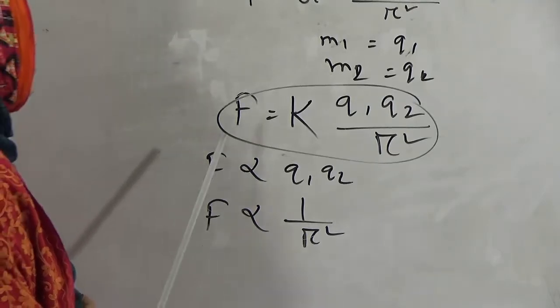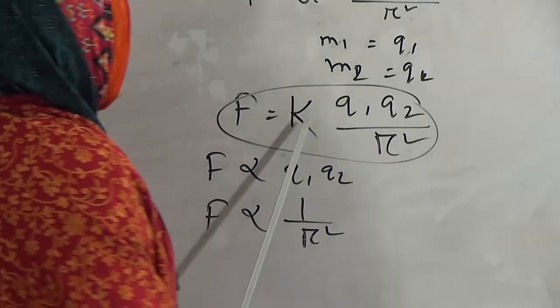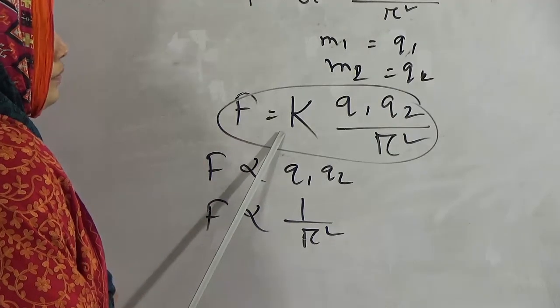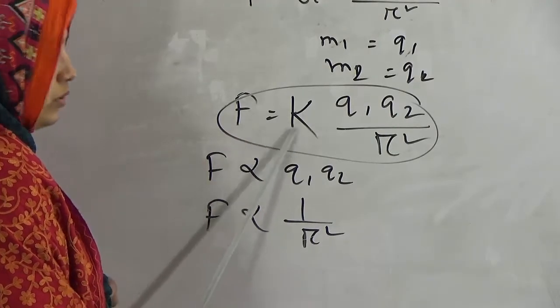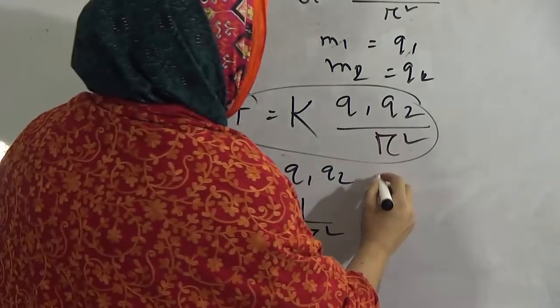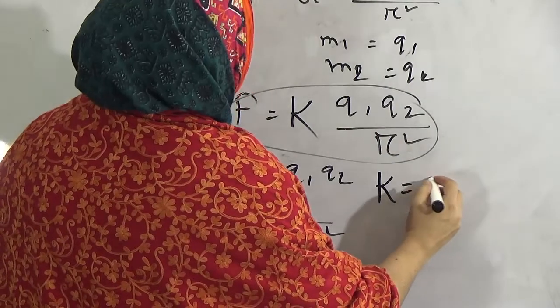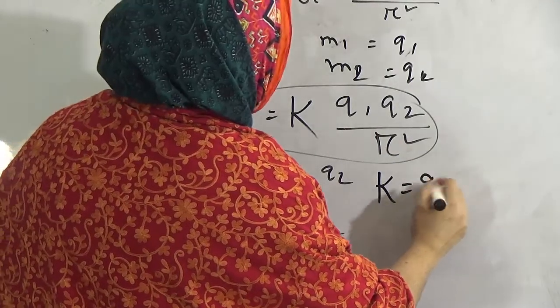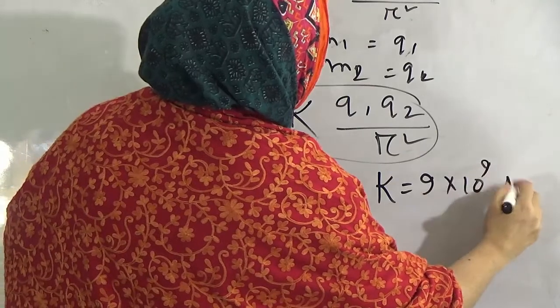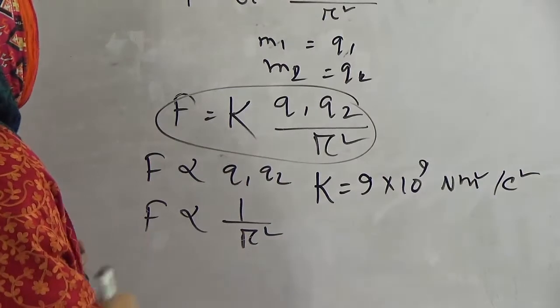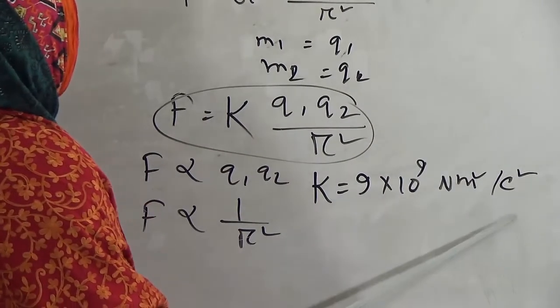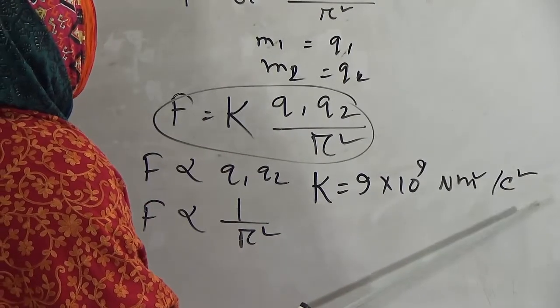Now see here, this is constant k, and the magnitude of constant k is 9 into 10 to the power 9 Newton meter square per Coulomb square. Coulomb is the unit of charge.